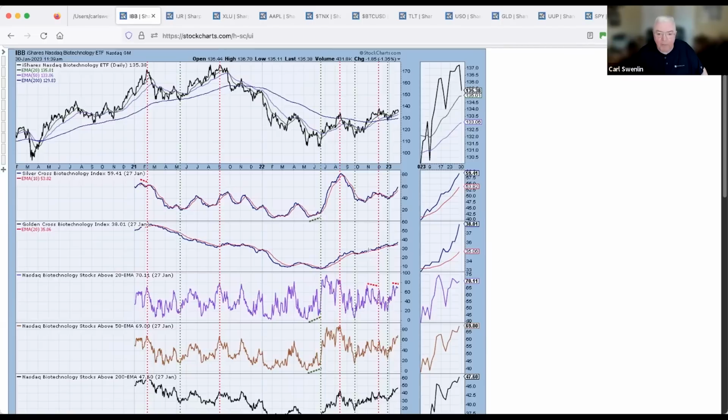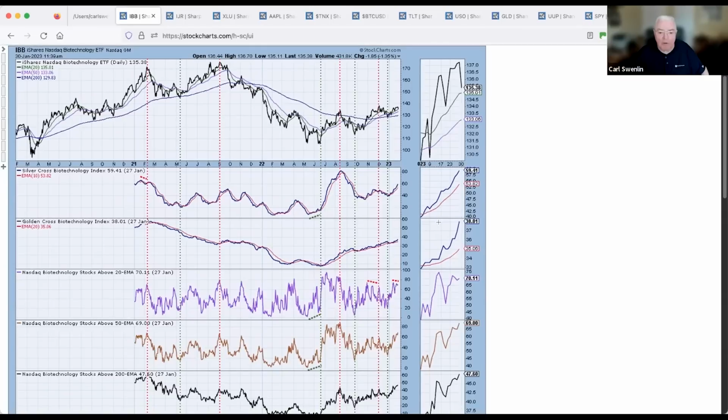The opposite of the Silver Cross is a dark cross, and the opposite of the Golden Cross is a death cross. Isn't that dramatic? You can't blame that on me. I love it. I do love it.